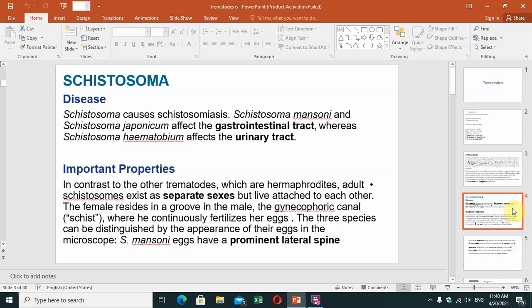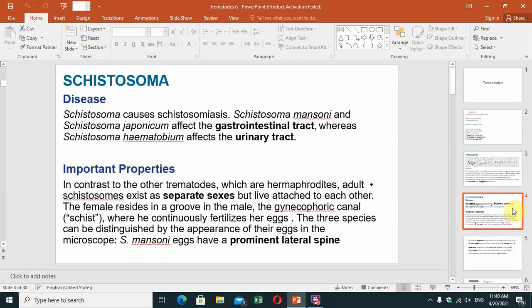This female resides in a groove in the male they call the gynecophoric canal. دائما الأنثى تستقر بجروف موجود بالميل، تستقر داخل قناة تمتد من الثلث الأول للميل إلى النهاية، ويسمى الجاينكوفوريك كانال where he continuously fertilizes her eggs.